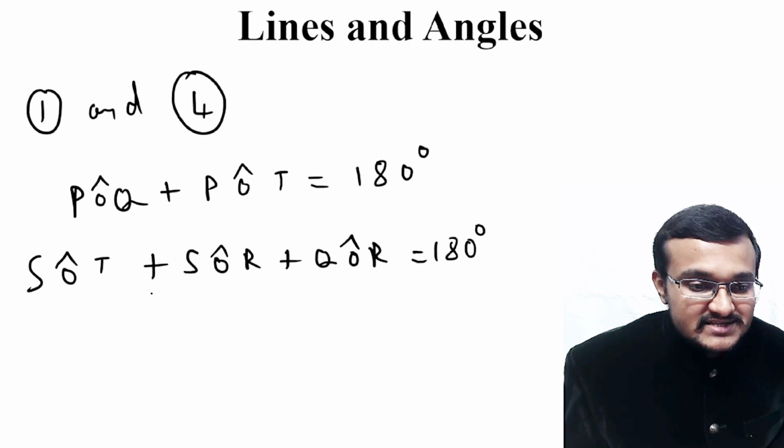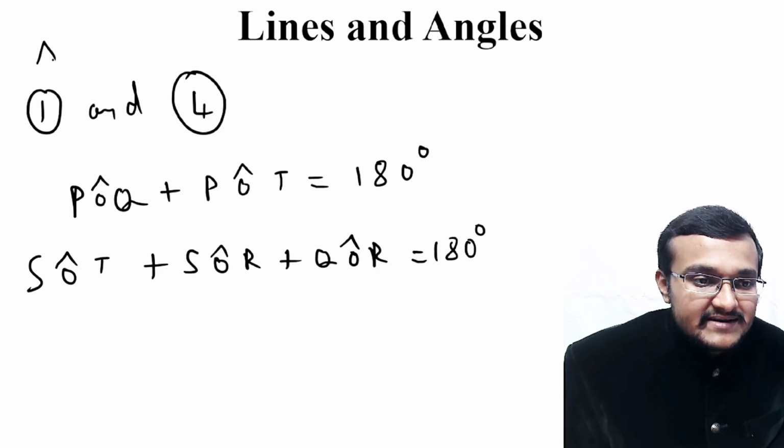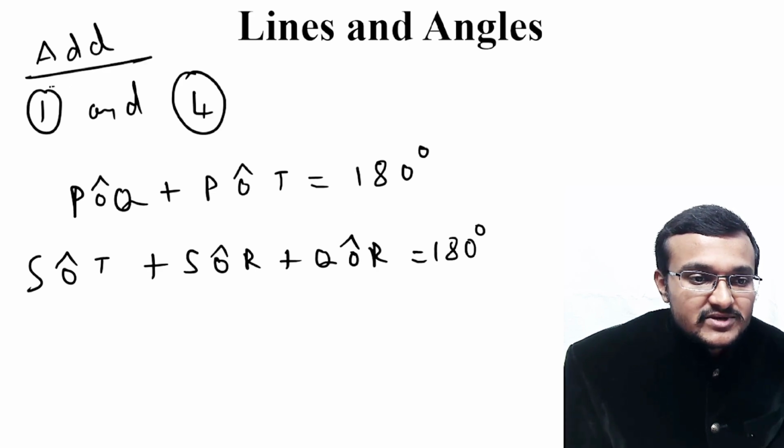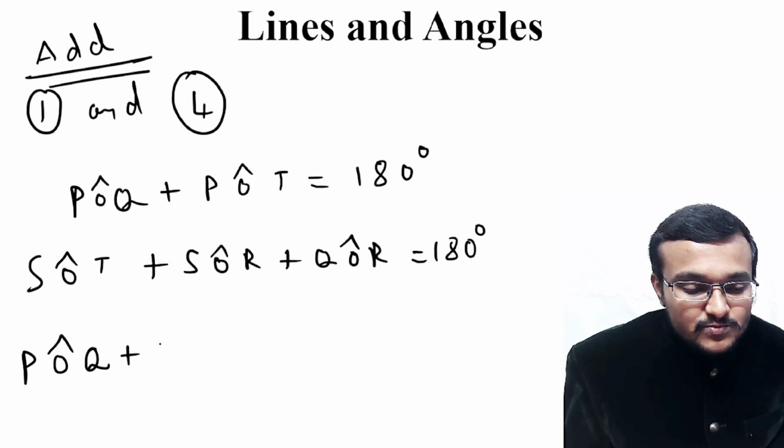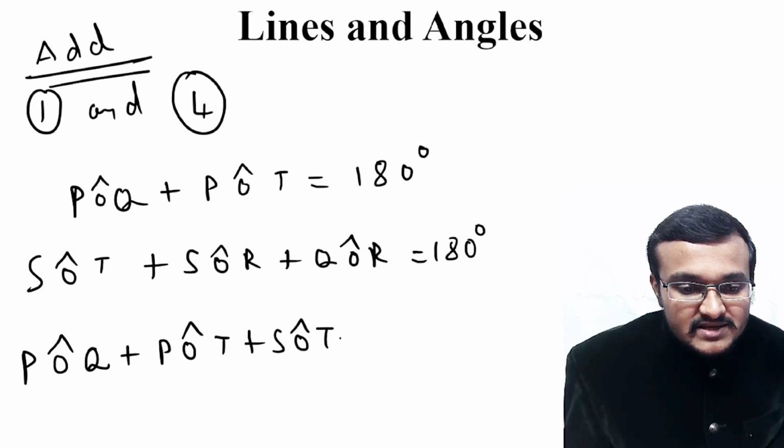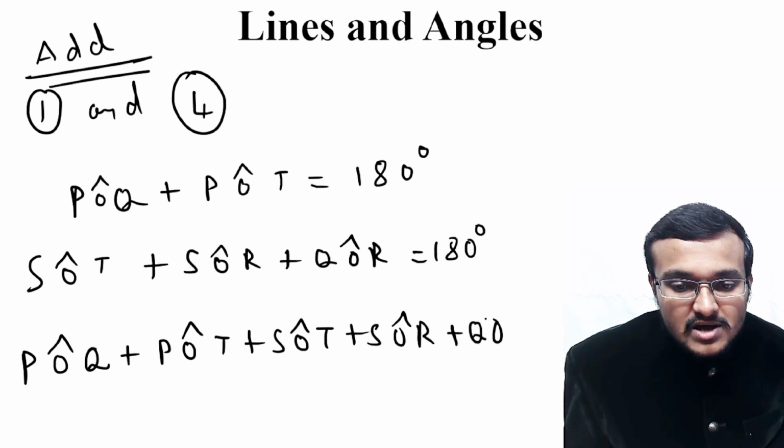Now you can add all these things. So now you can add equation 1 and equation 4. So if you add that, then POQ plus POT plus SOT plus SOR plus QOR.